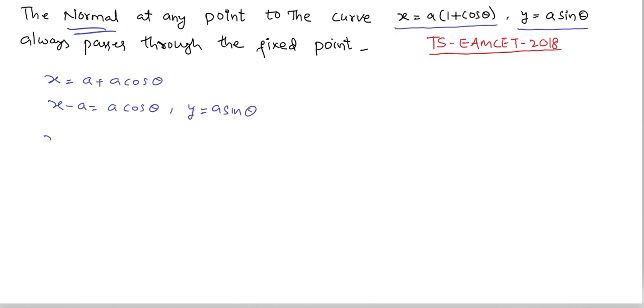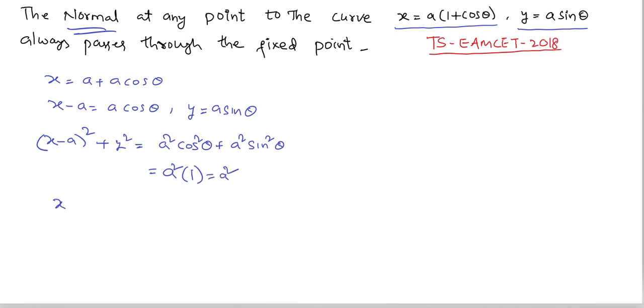Squaring and adding these two equations, (x − a)² + y² = a²cos²θ + a²sin²θ. Taking a² common, cos²θ + sin²θ is 1, so it equals a². So (x − a)² + y² = a². This is the equation of a circle.